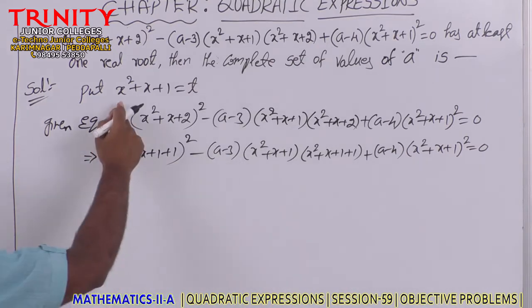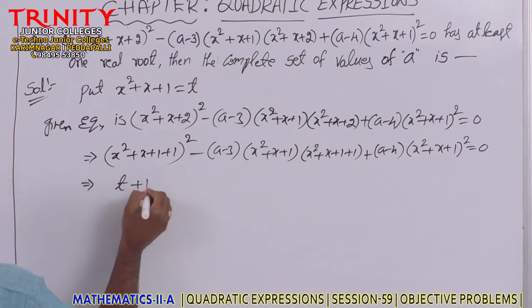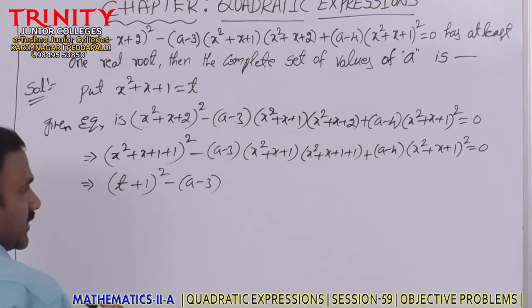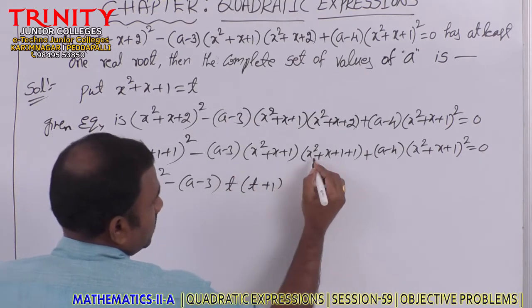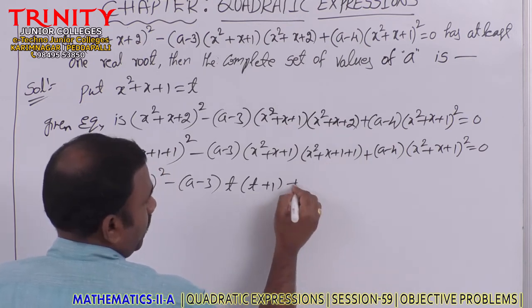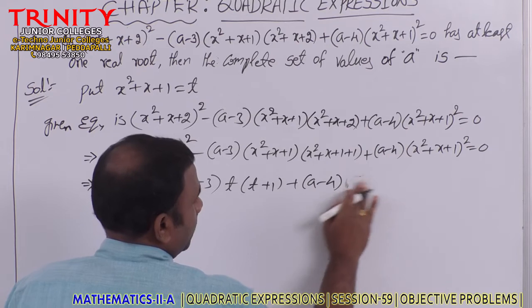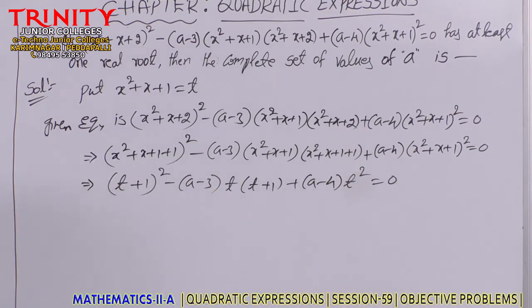Now replace x square plus x plus 1 as t. This becomes (t plus 1) whole square minus (a minus 3) into t into, this is t plus 1. Why? Because up to this part, plus (a minus 4) into, this is directly t square is equal to 0.